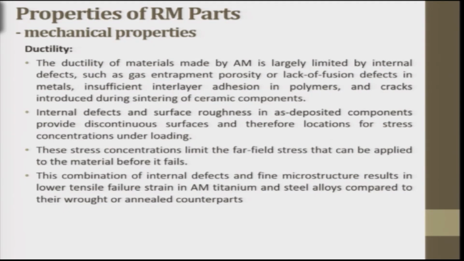Next is ductility. Ductility of materials made by additive manufacturing is largely limited by internal defects such as gas entrapment porosity or lack of fusion defects in metals, insufficient interlayer adhesion in polymers, and cracks introduced during sintering of ceramic components. So, first is metals, second is polymers, third is ceramics.